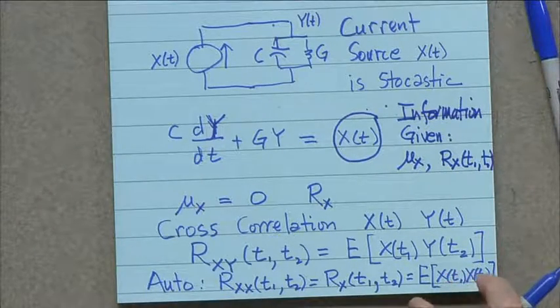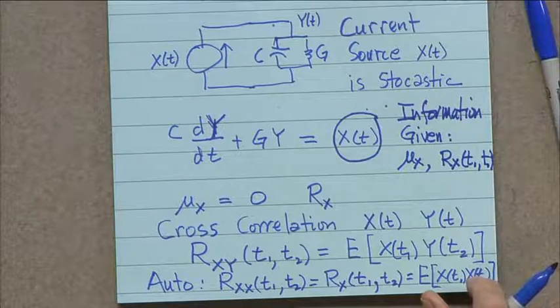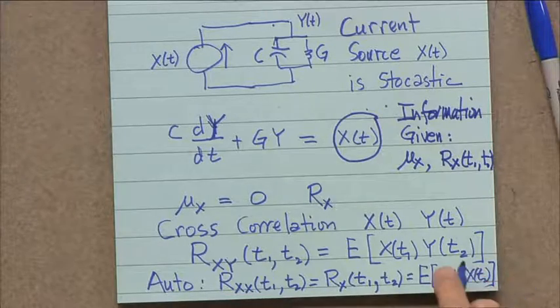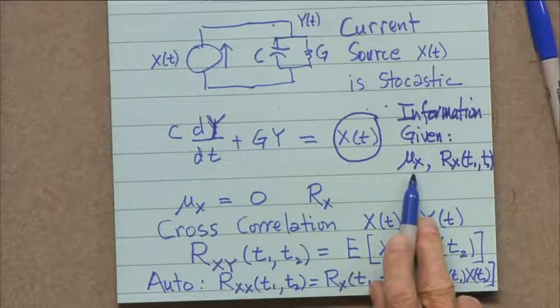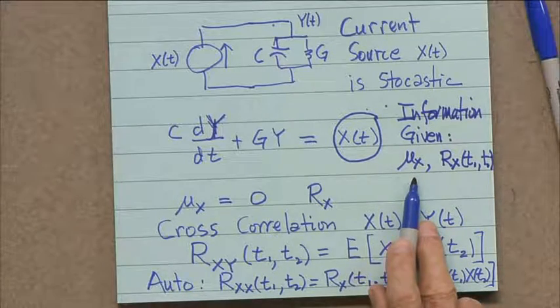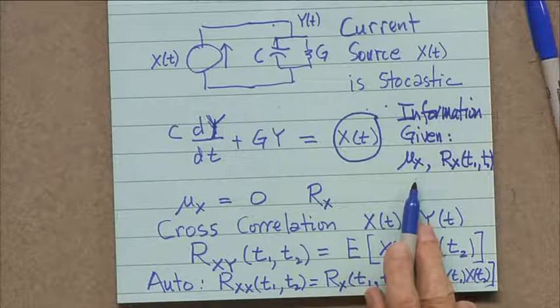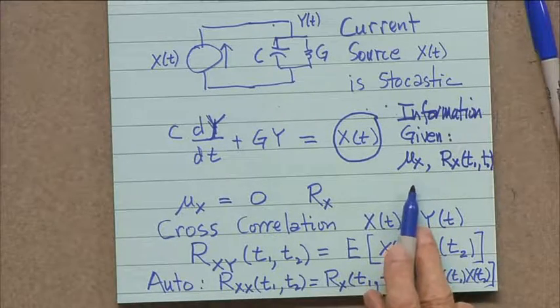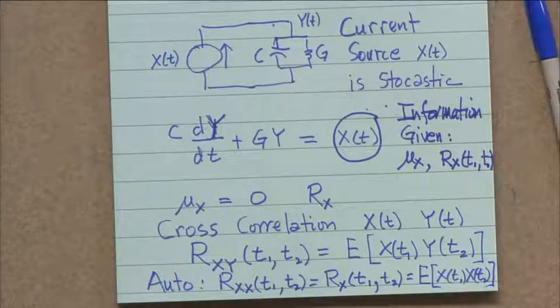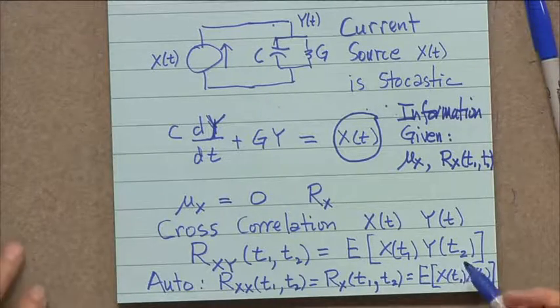If these are wide sense stationary, then the expected value of X would be independent of time, meaning it would be just a constant.